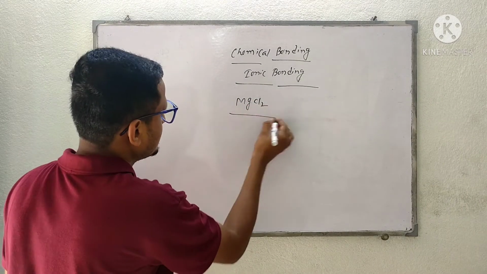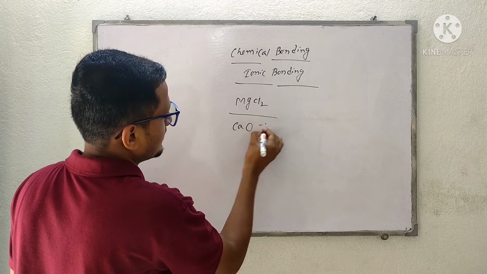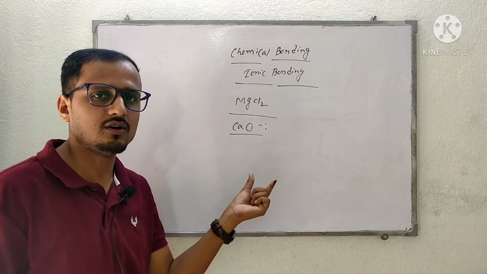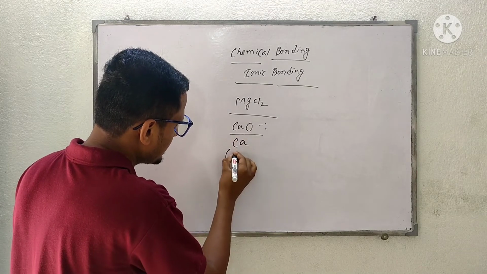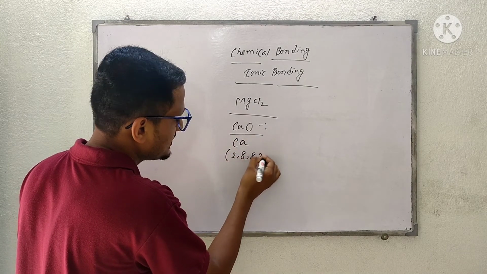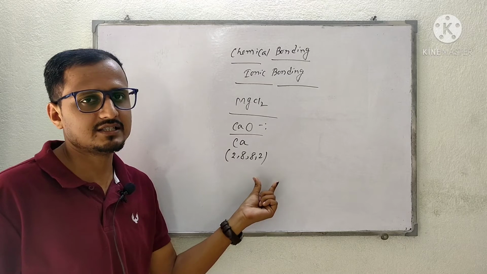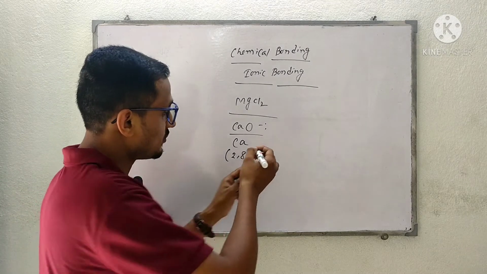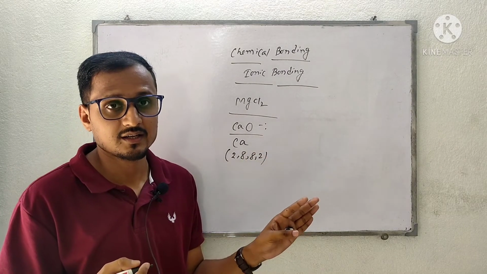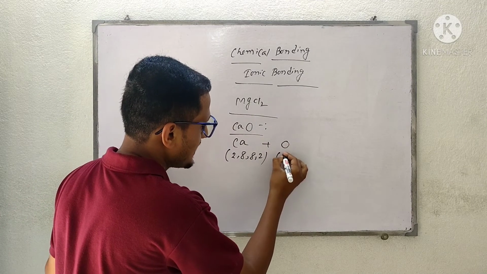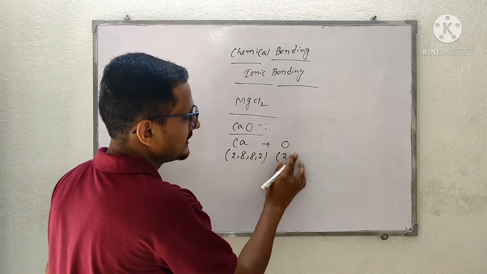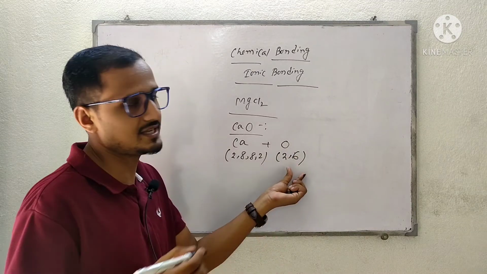Now see calcium oxide. This is also an ionic compound. Calcium has atomic number 20, that means electronic configuration 2882, valence electrons 2, so 2 extra electrons from the octet. Oxygen has atomic number 8, that means the electronic configuration is 2, 6.